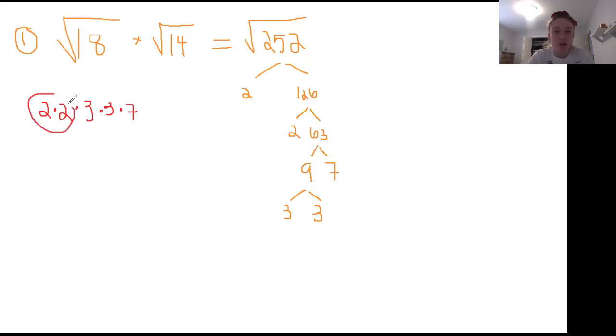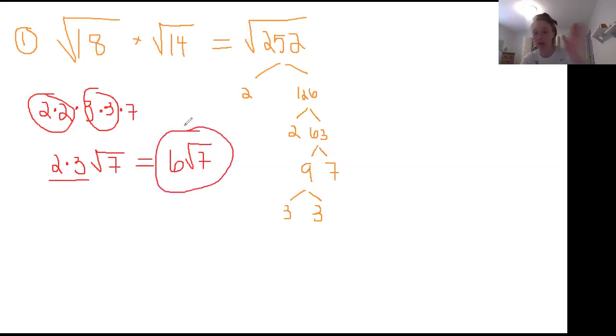I need pairs. So I have a pair of 2s and a pair of 3s. That means I can take out 1 two and 1 three, and remember the 7 stays in the square root. And with these 2, remember, you want to multiply those together. So our final answer, 2 times 3 is 6, so we would get 6 square root 7.